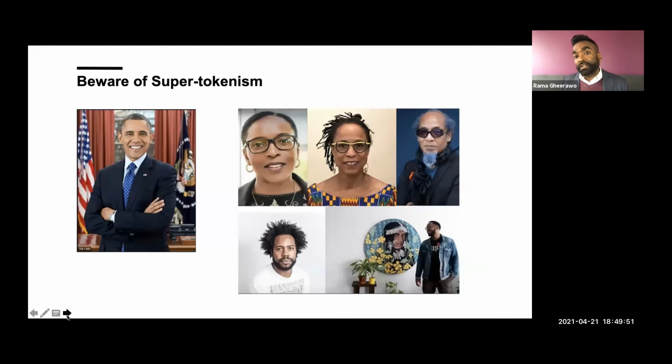Beware of super tokenism. So Barack Obama, first Black president of the US, but often described as a super token. He was just the president. He could have been Black, he could have been white, and some critics say that, was he a super token? Yes, he had a lot of representation, but what could he change by himself?